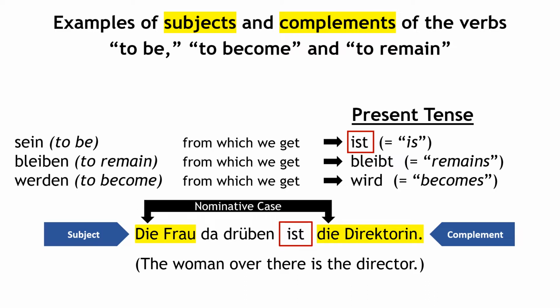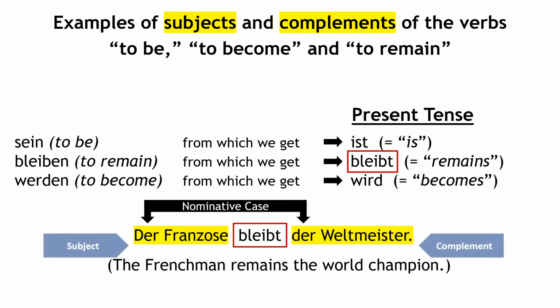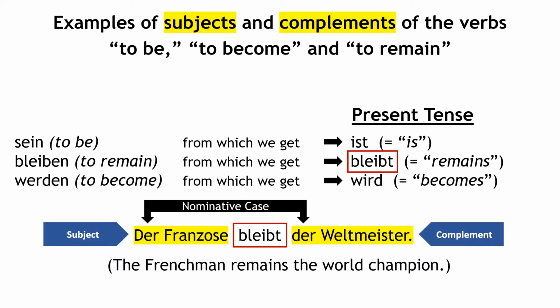Both nouns are shown in the nominative case because they are linked together by the verb ist.